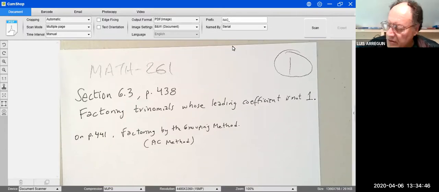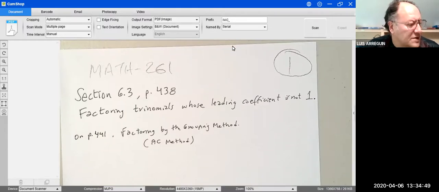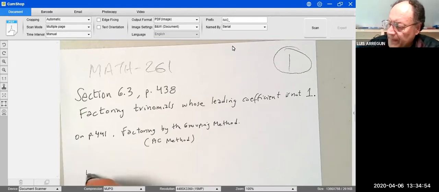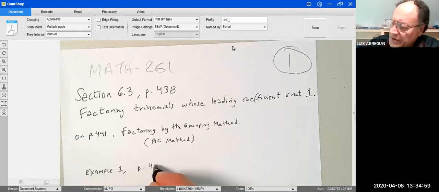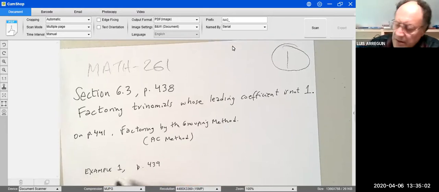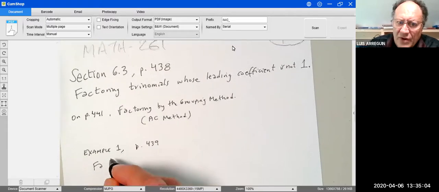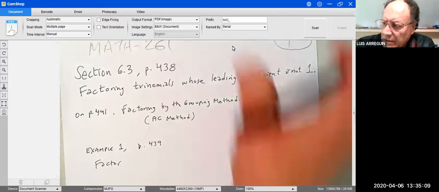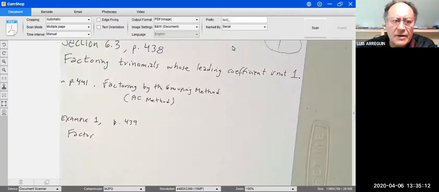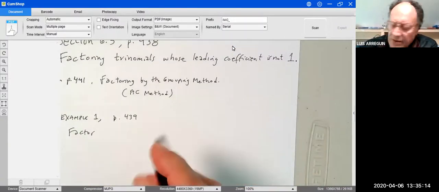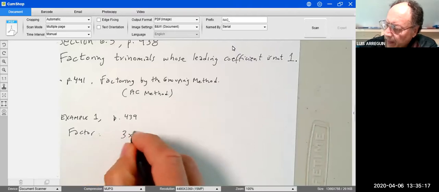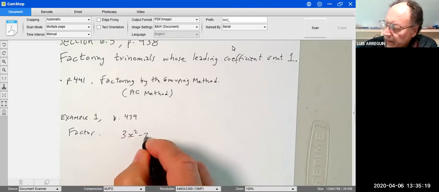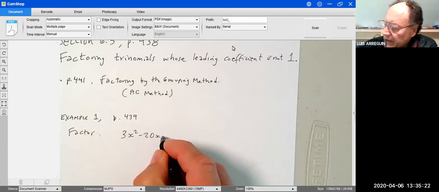So this is going to be a repetition of what we learned in section 6.2. So let's start with examples. Example 1 on page 439, and we're going to factor 3x squared minus 20x plus 28.